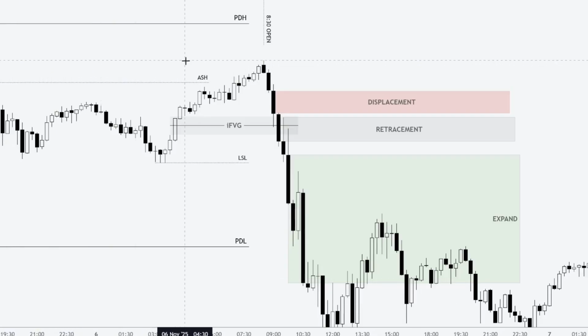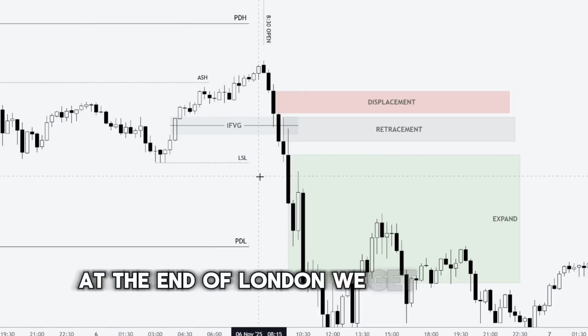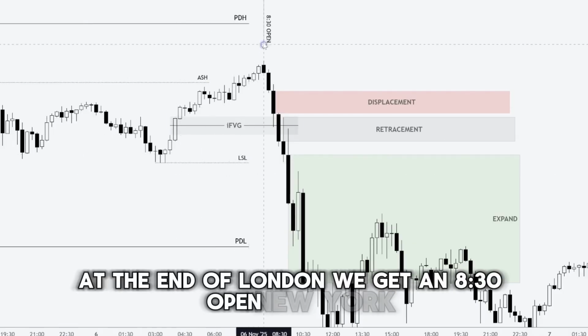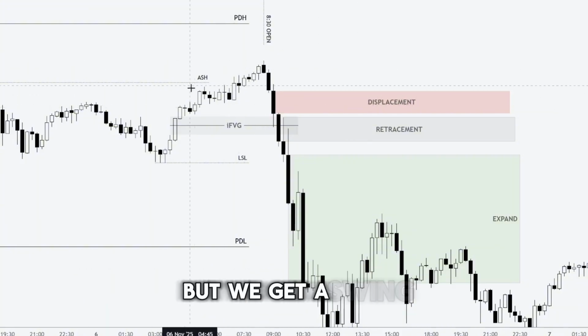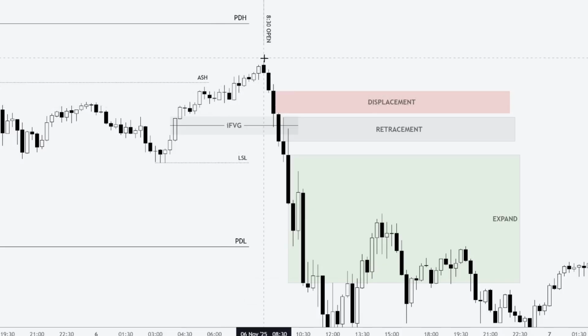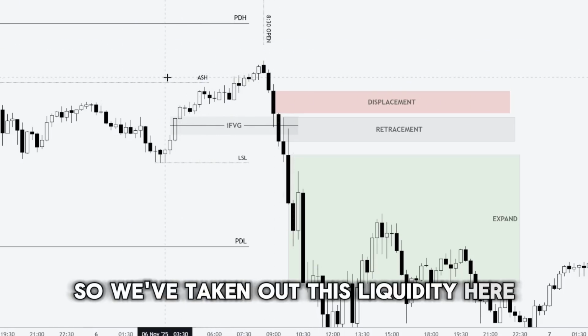So now at the end of London, we get an 8:30 open New York. But we get a swing above Asia high. So we've taken out this liquidity here.